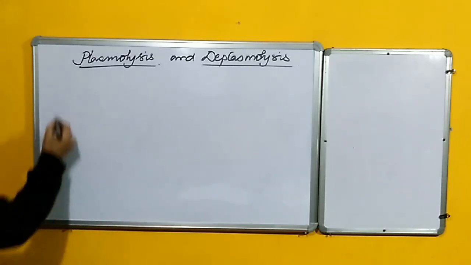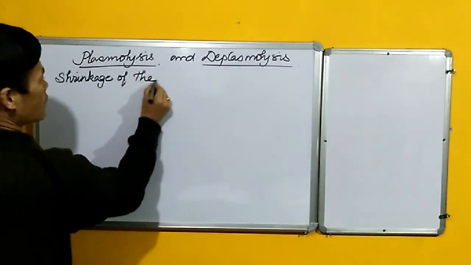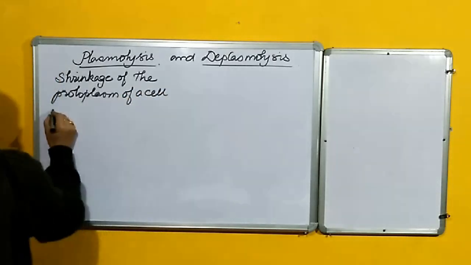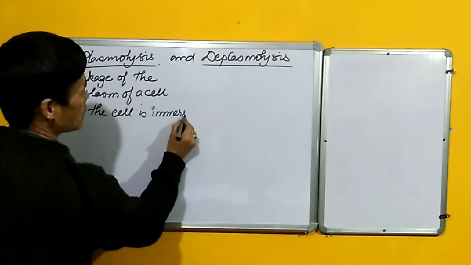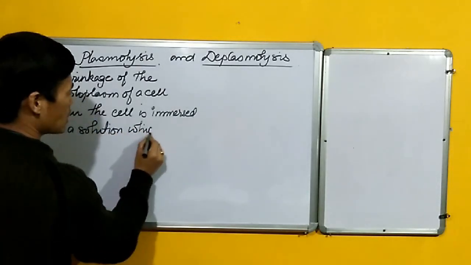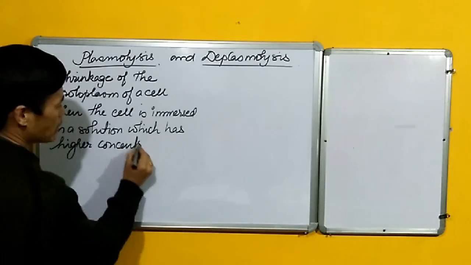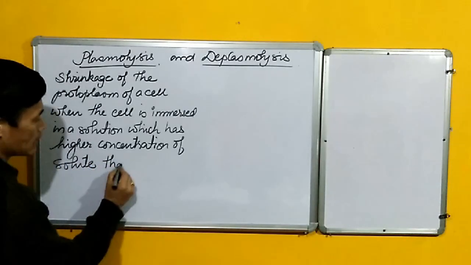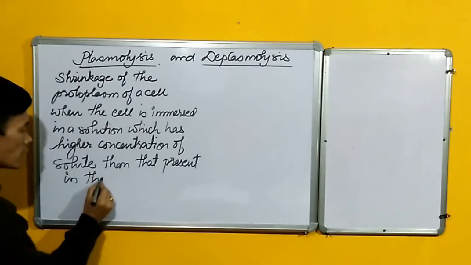Plasmolysis is the shrinkage of the protoplasm of a cell when the cell is immersed in a solution which has higher concentration of solute than that present in the cell.